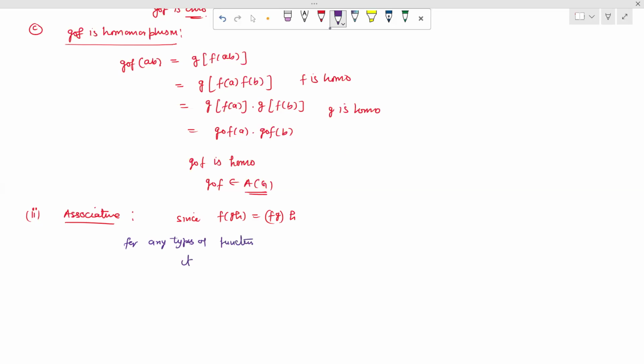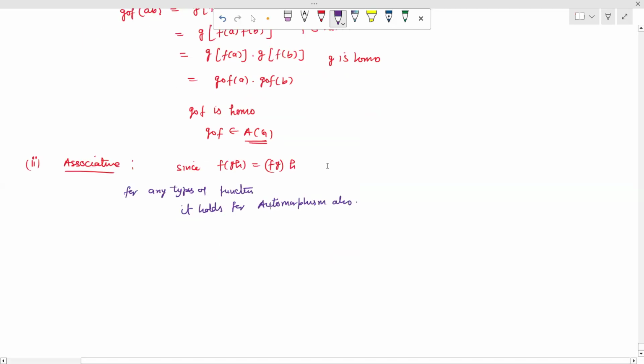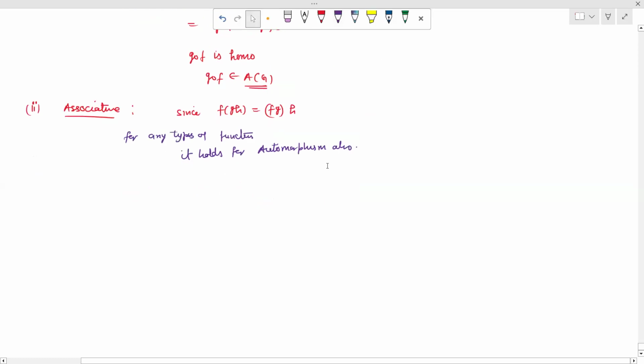So there is no need to prove this. It holds for automorphism also. Associative and commutative are hereditary properties that always hold for each case.